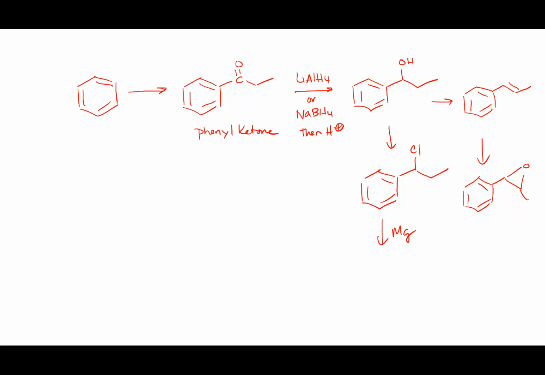How do I make the epoxide? The peroxy acid. So I use a peroxy acid to make the epoxide. I could use PCl3 or SOCl2 or HCl, and up here I could use H2SO4 and heat.